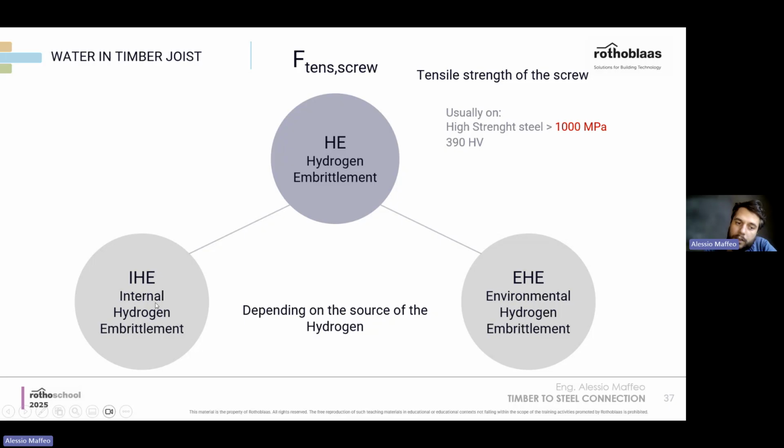So if the issue is the hydrogen that was trapped in the connector due to the production phase, it means that it's a product issue, it has to fail in the first few days, maybe 1 week. But in most cases, the issue is the environmental hydrogen embrittlement. So it means that there is hydrogen coming from the corrosion, could be the byproduct of a corrosion process, or just could be even some water just present on site.